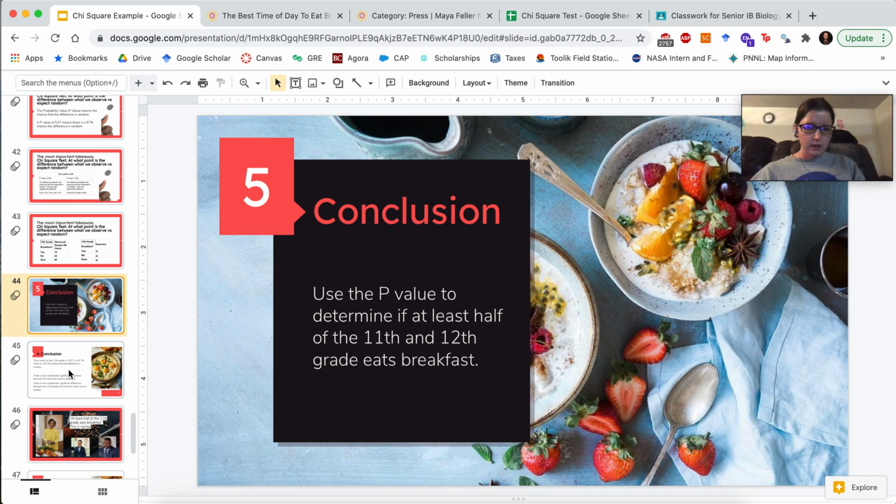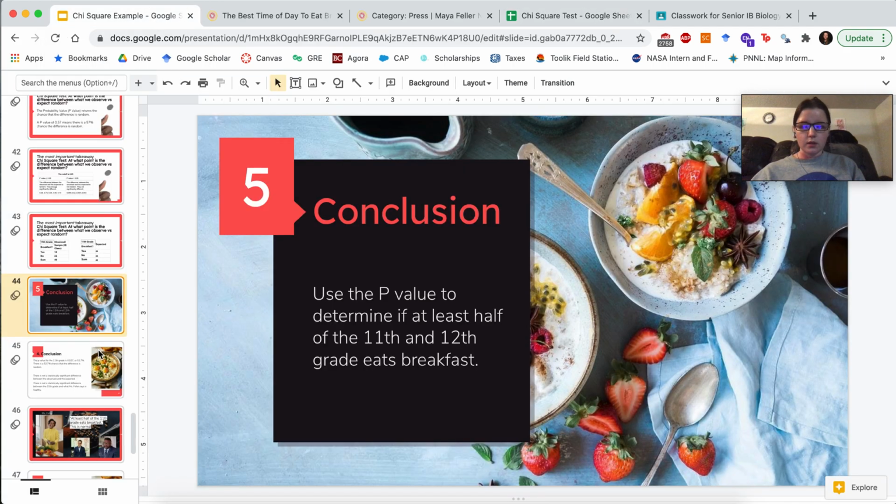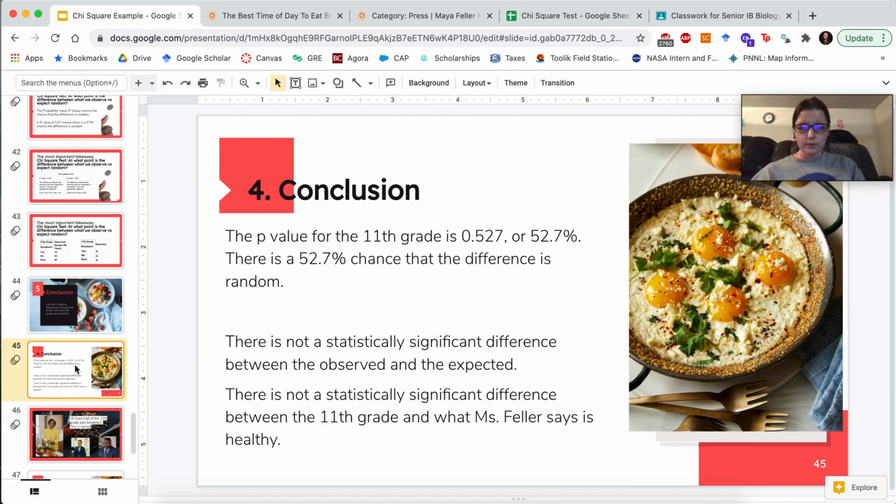So take a minute and think about what that means, having a p-value of 0.527. If the p-value for the 11th grade is 0.527 or 52.7%, there is a 52.7% chance that the difference is random.